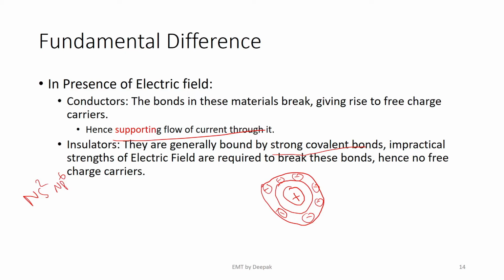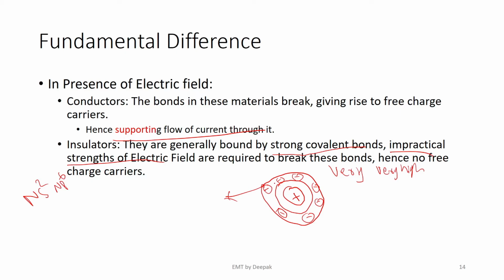Now, the ionization potential required by these type of atoms would be very, very high. Yes, theoretically, you may cause these electrons to come out of it, but it requires impractical strength of electric field.